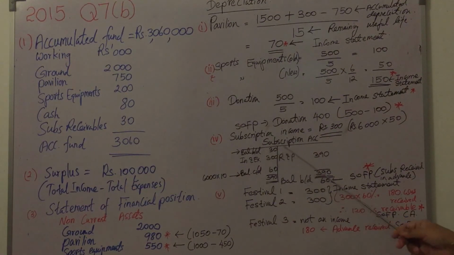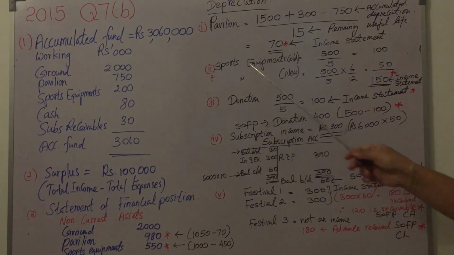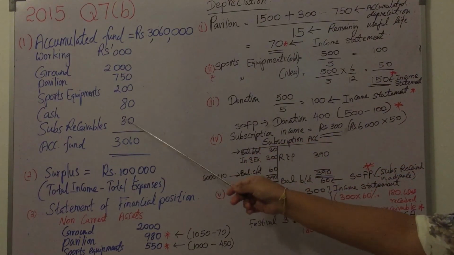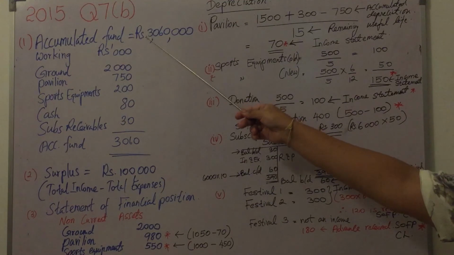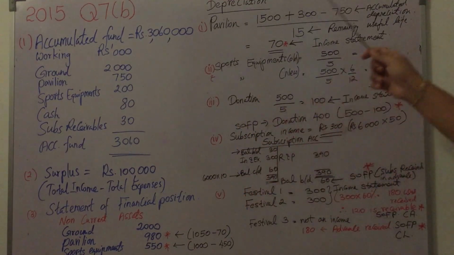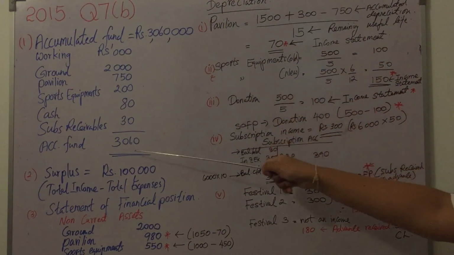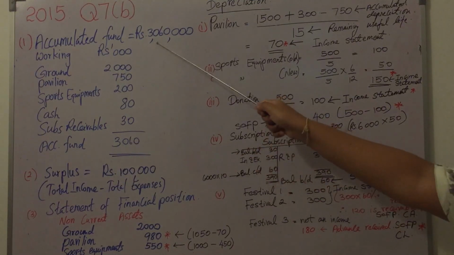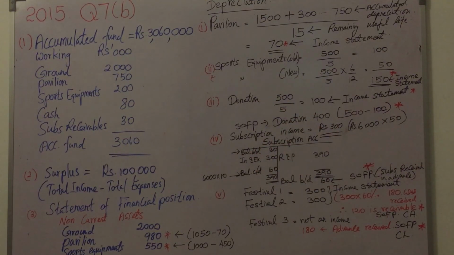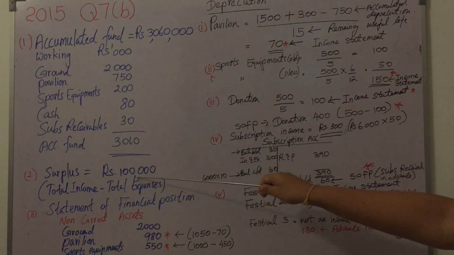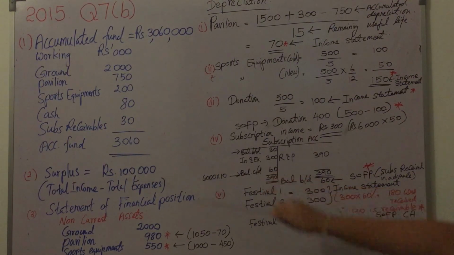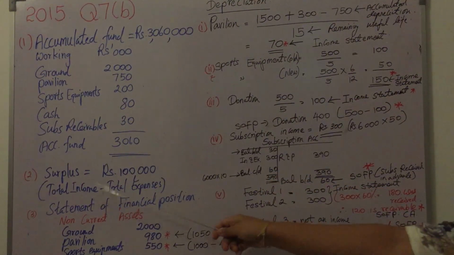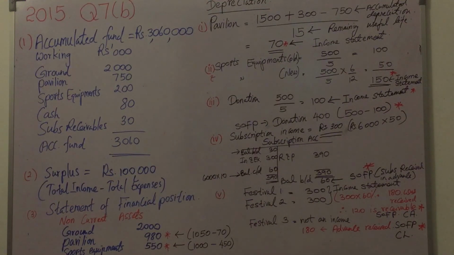They haven't specifically mentioned this is an opening balance, but we identified it through the preparation of subscription account. So this opening balance 30 also should be added here to calculate the opening accumulated fund. So accumulated fund here is 3,60,000 rupees, and the surplus you should be getting 100,000 if you have included all the incomes and the expenses correctly.